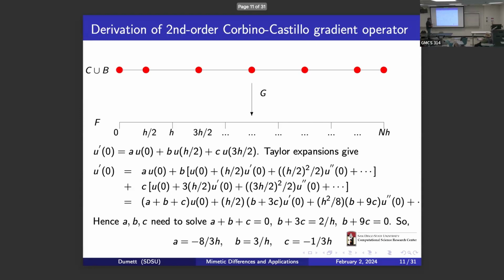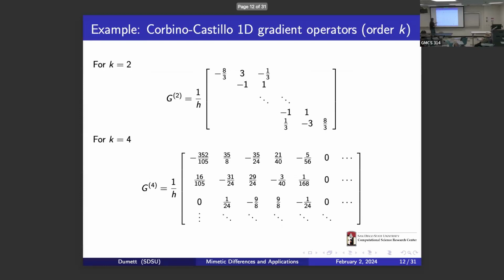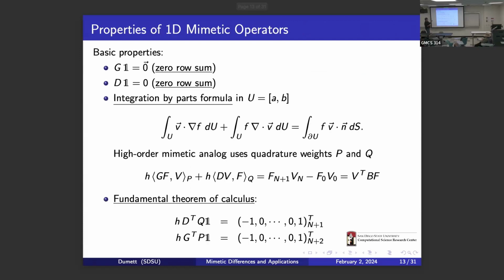Well, it's simple. When I match these terms, I will see that A plus B plus C is 0. And A plus B plus C are the coefficients that are here. And so I am enforcing that in the derivation already.